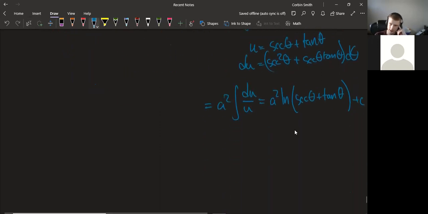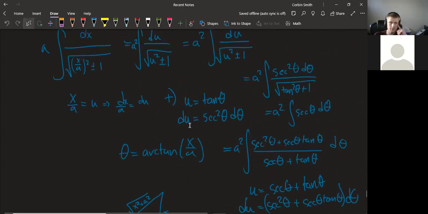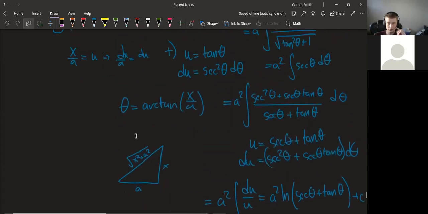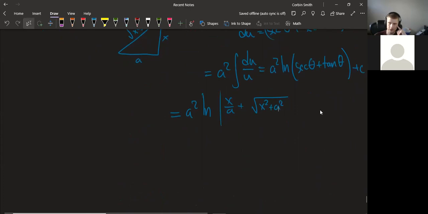So that's going to be the natural log of x over a plus the square root of x squared plus a squared, over a. Look at that. Oh, no, we're good. Absolute value.